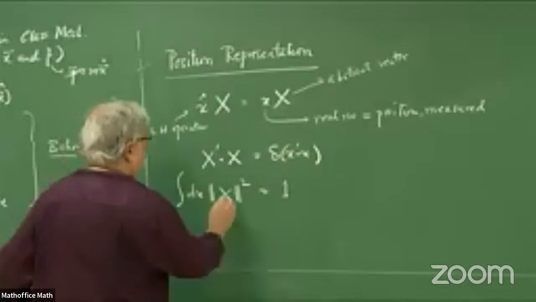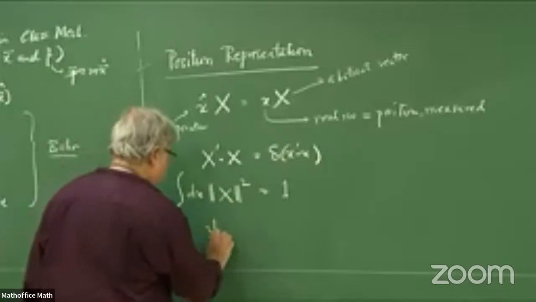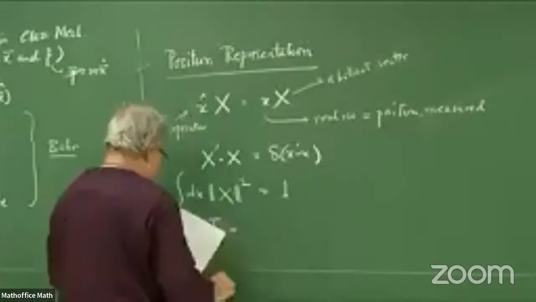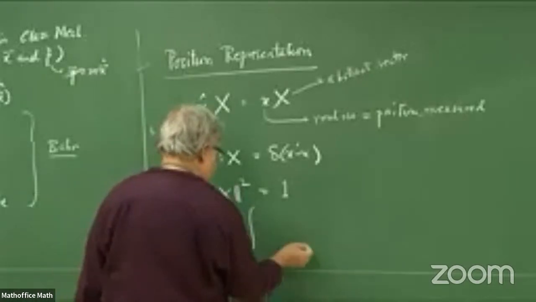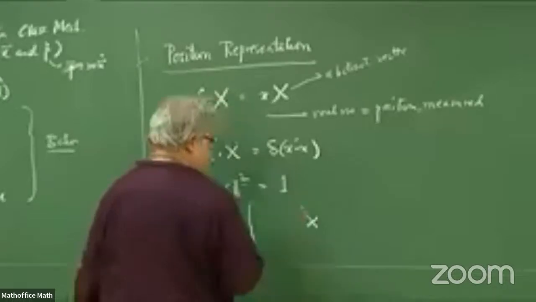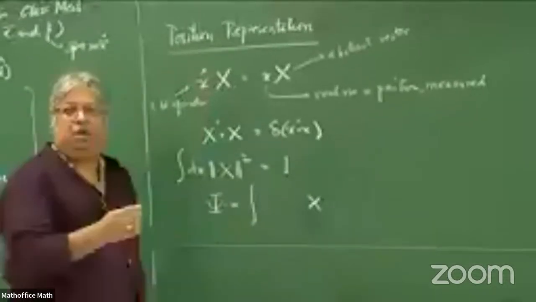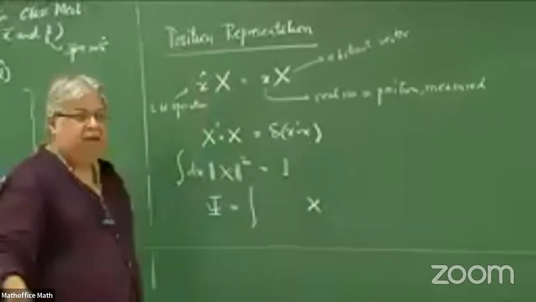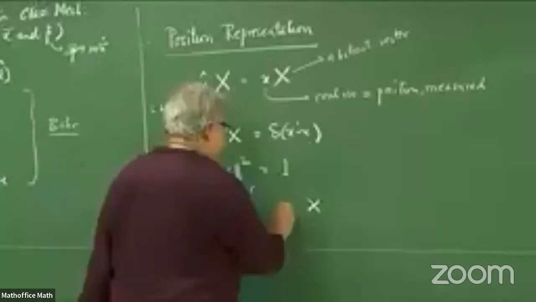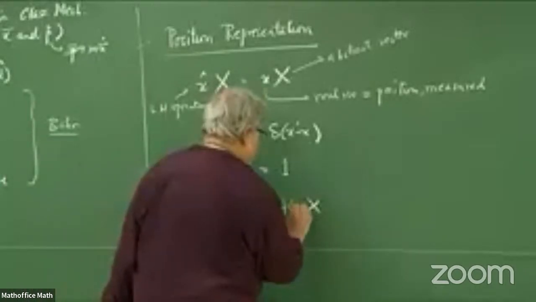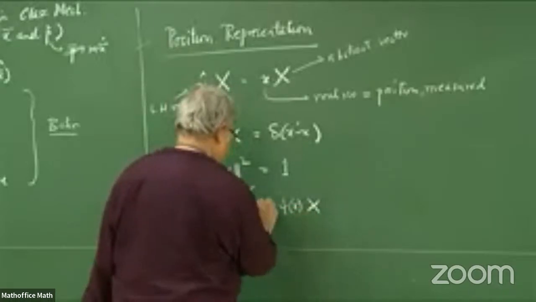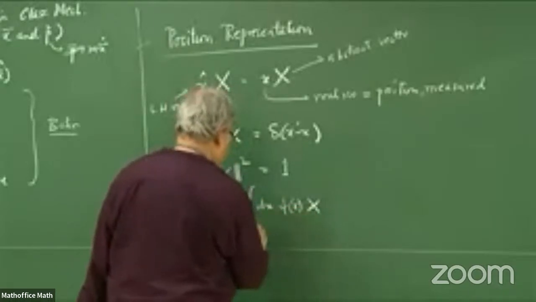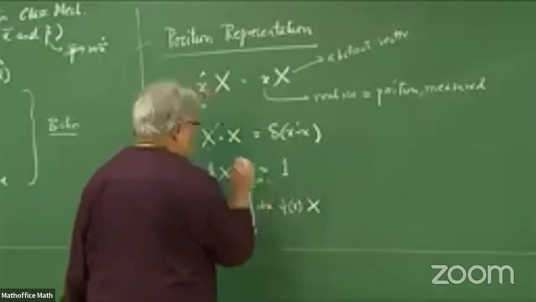Now I take an abstract state and I expand it in terms of x's, like I've done, expanding in terms of eigenvectors. So the coefficient of that I will call small psi of x. What is x? It's corresponding to the sum over all x's, integrated over all x.